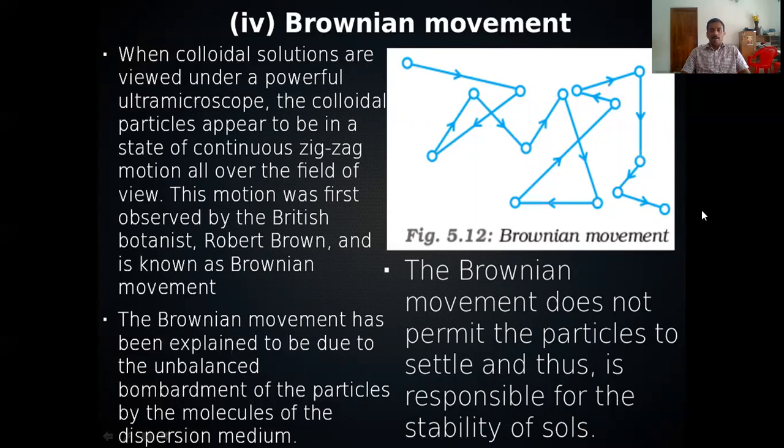He is a botanist, and he observed this kind of motion in pollen grains when they are on the surface of the water. When colloidal solutions are viewed under a powerful ultramicroscope, the colloidal particles appear to be in a state of continuous zigzag motion all over the field of view. And this motion is known as Brownian movement.